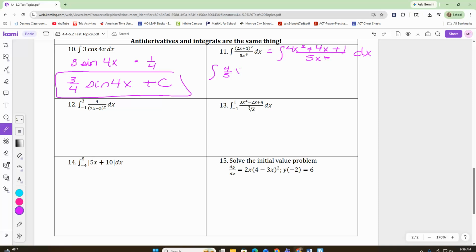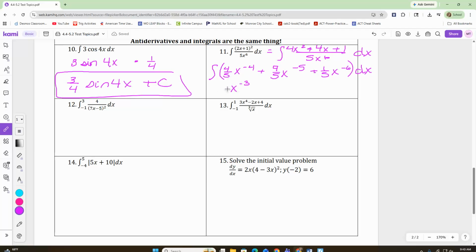So we get 4/5 x to the negative 4 plus 4/5 x to the negative 5 plus 1/5 x to the negative 6, dx. Now we can do the antiderivative. So if you add 1 to the power, that would be negative 3.